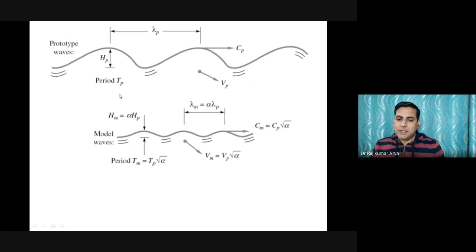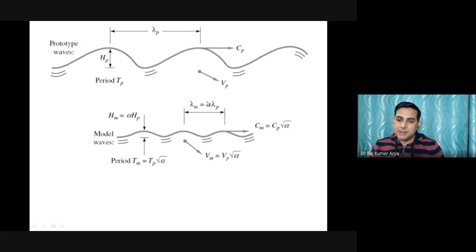So what you have here is just like a free flow, the nature or the propagation of a wave in water or liquids or any fluid. This is the wavelength lambda p of the prototype. This is the wavelength lambda m for the model. The only thing is they are scaled up from model to prototype by a factor alpha.